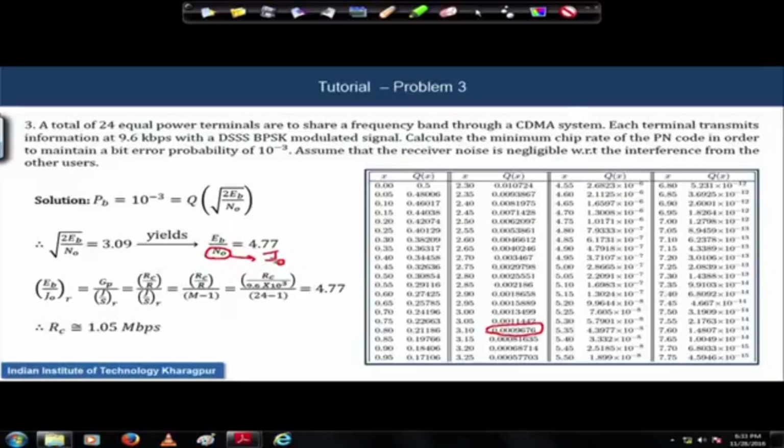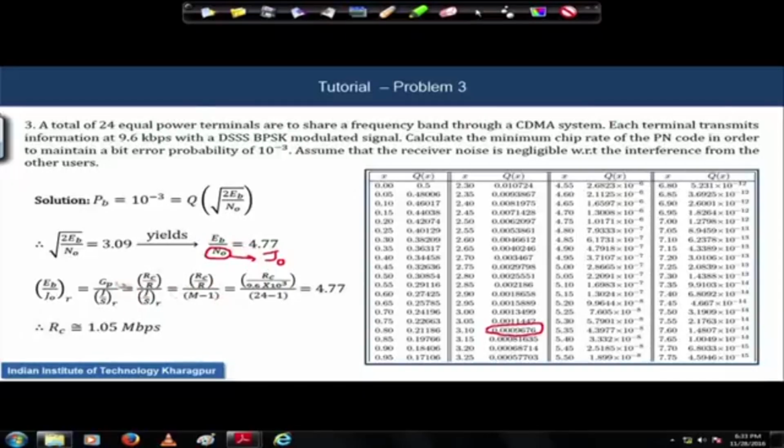So it's nothing but the multi-user interference term. So we don't have N0, but what we have is a requirement of EB by J0 should be equal to 4.77.